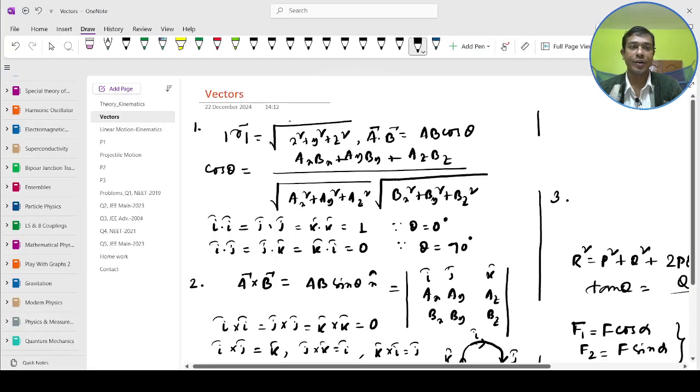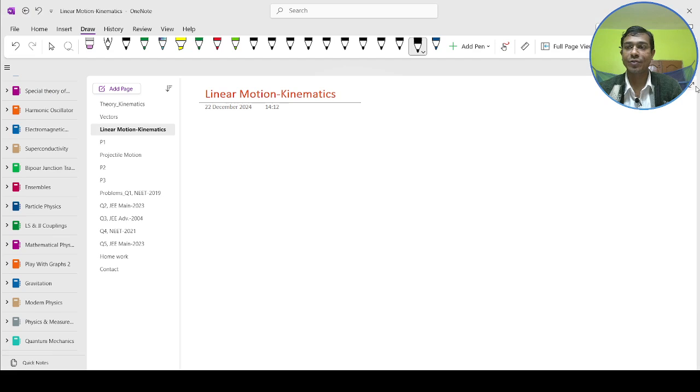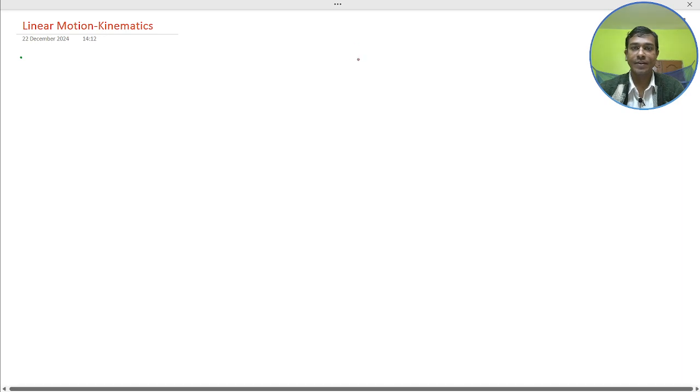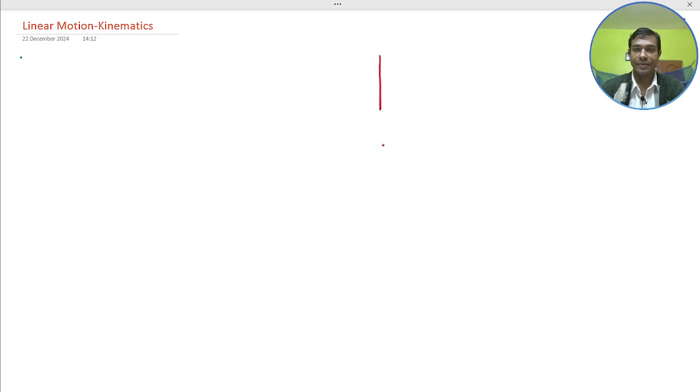Next we go through our second topic, linear motion kinematics. Basically, I just draw a line here for your better understanding. So first one is the instantaneous velocity.